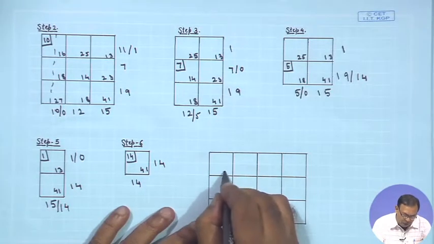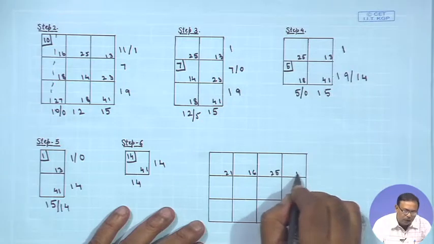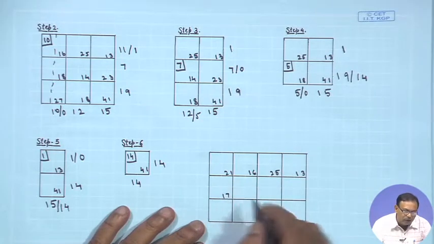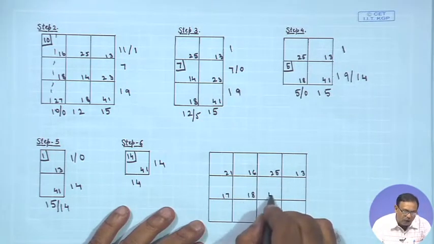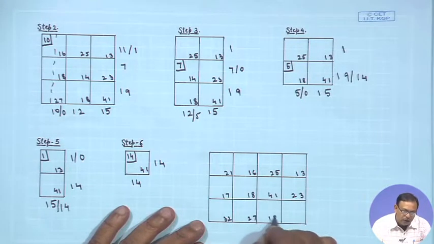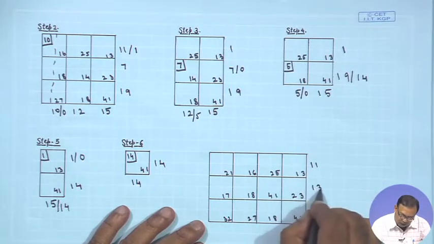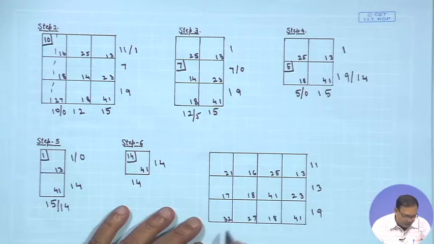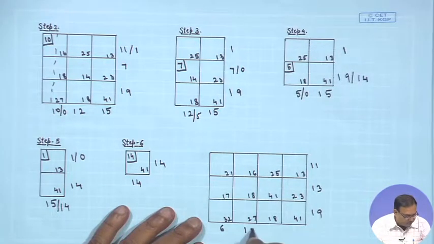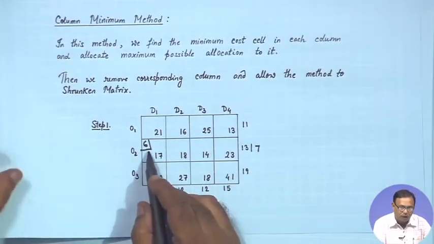So, therefore, your original problem is 21, 16, 25, 13, 17, 18, 41 and 23, 32, 27, 18, 41 and it is 11, 13, 19, here it is 6, 10, 12 and 15. What are the allocations? For the first time allocation was here 6.